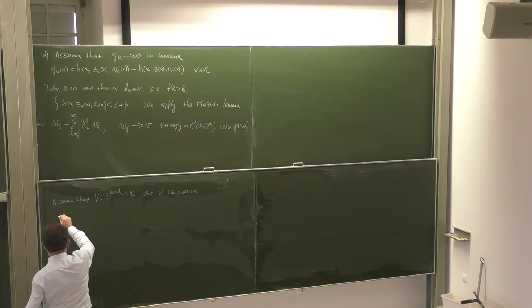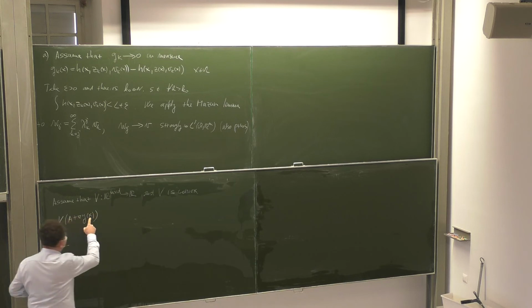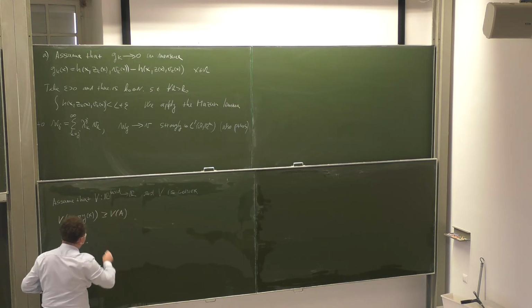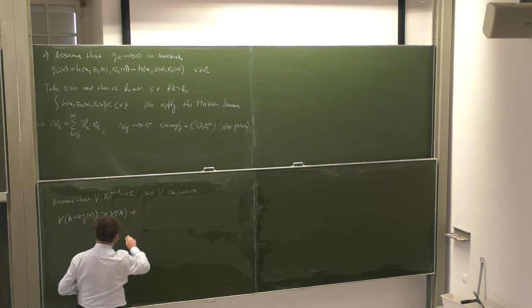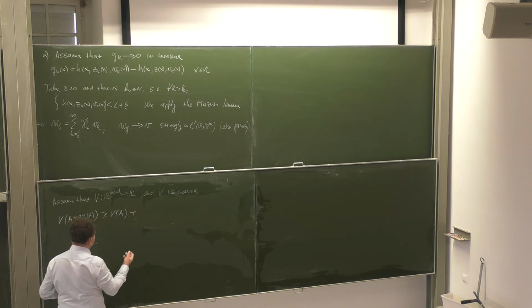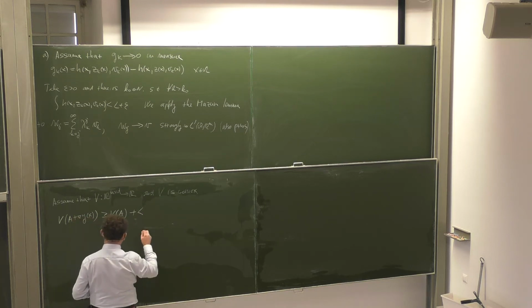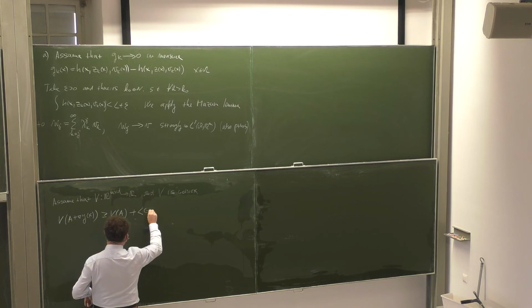In particular, it means if you take V at A plus gradient of y of x, for a given x and given y, then this is bigger or equal than V of A plus some linear term, let me call it G times gradient of y of x.